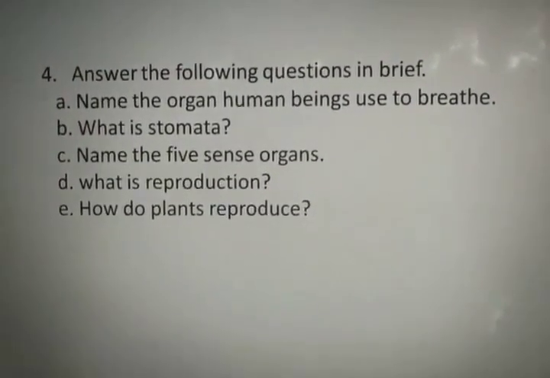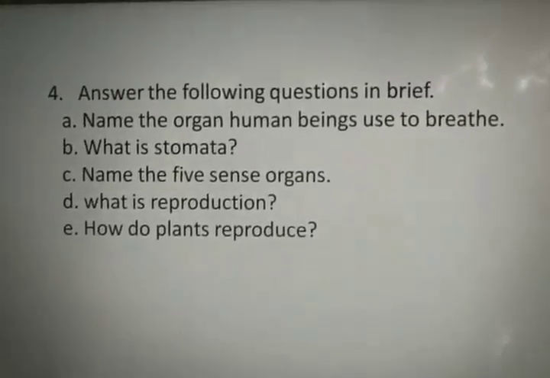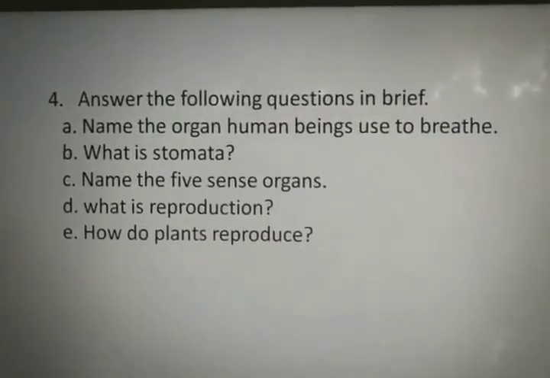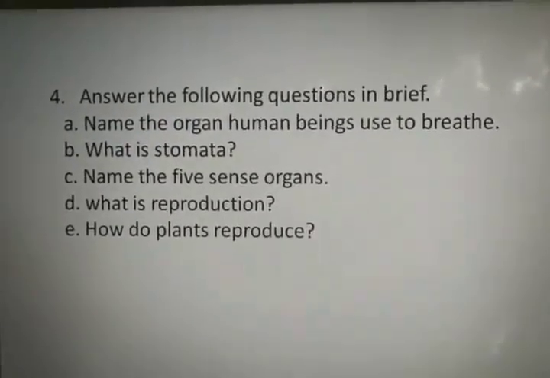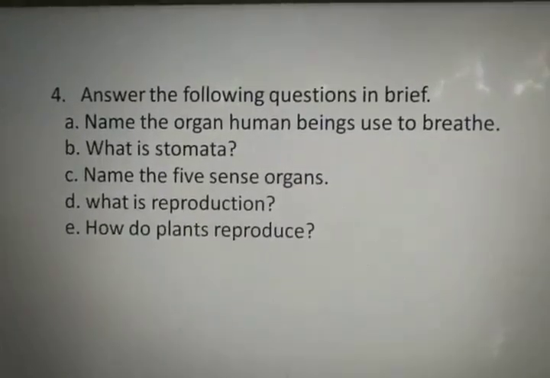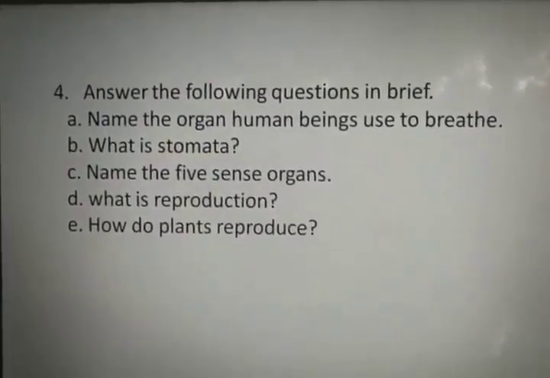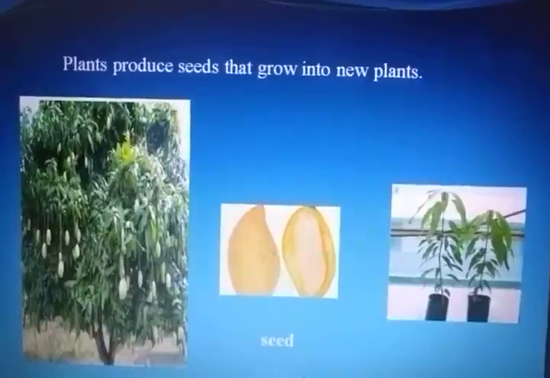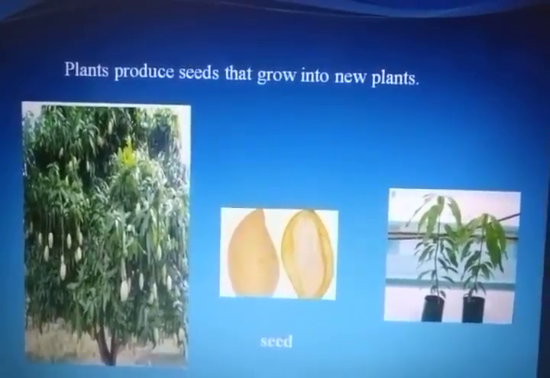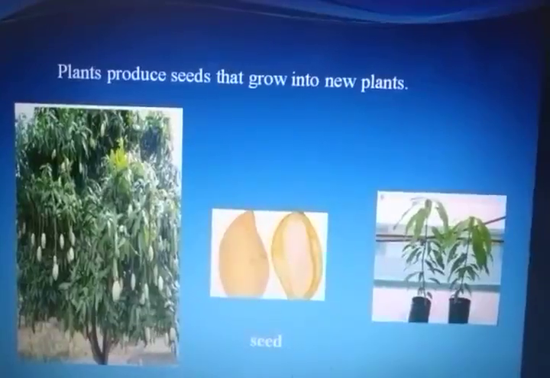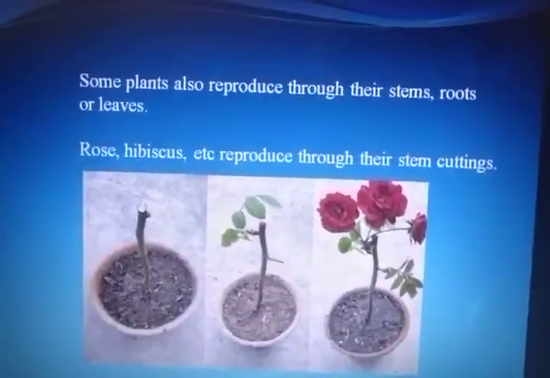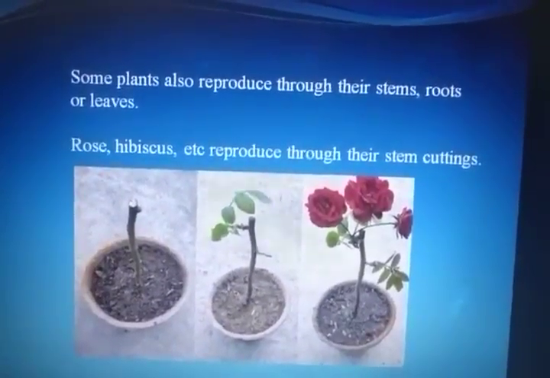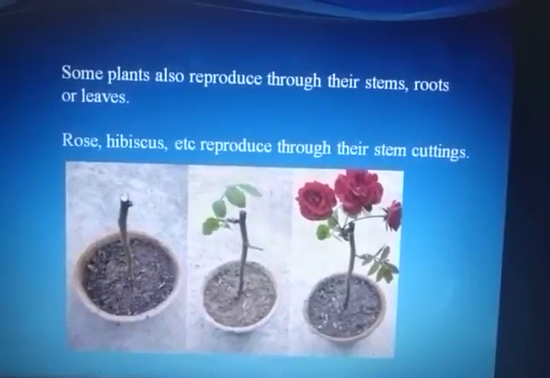Our next question is, how do plants reproduce? When we learned about reproduction in living things, we learned that there are various ways by which plants reproduce. You can see here the different modes. They can reproduce through seeds, or through stems, for example in rose and hibiscus.